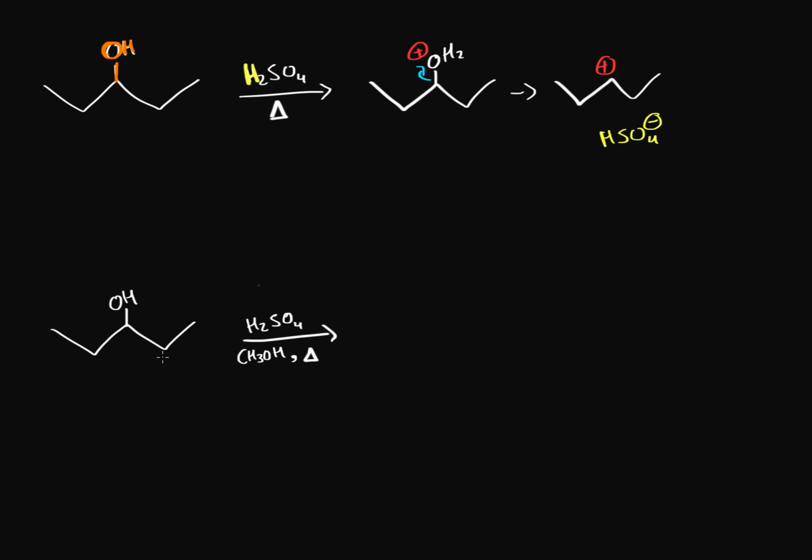What it'll in fact do is act like a weak base, and it will attack this hydrogen right here, and this bond that we have to the hydrogen will move and form a double bond with this carbon on the carbocation. And so we get our E1 product right here.